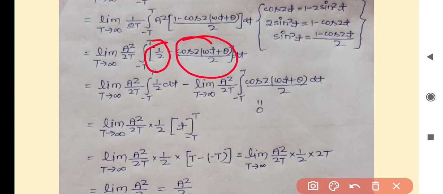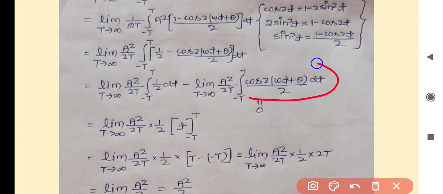by 2. Then here we will see cos 2 omega t plus theta. For a complete period, for a complete circle, if we integrate a sinusoidal signal, it will always give a value 0 for the complete cycle.